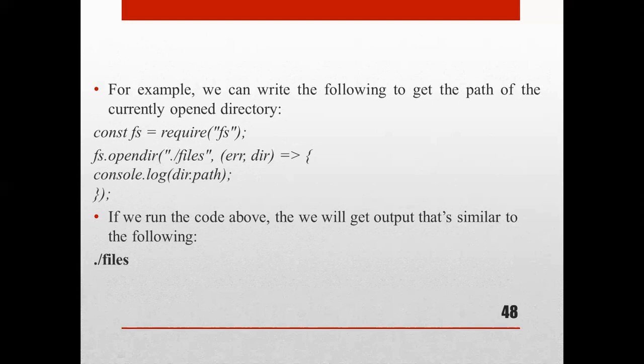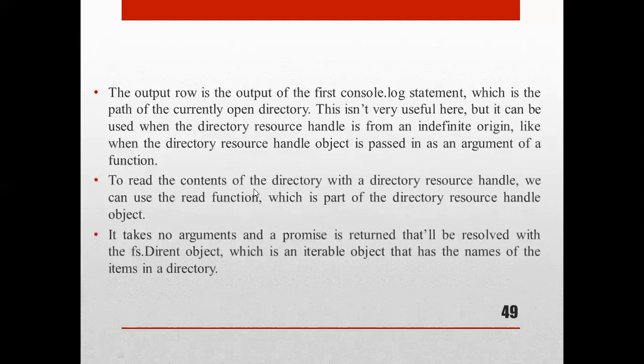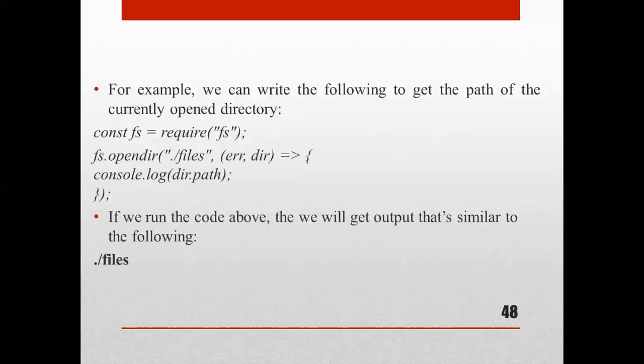If you want to get the path of the currently open directory, we can use dir.path. Here the output of the first console.log statement gives us the path name of that directory.